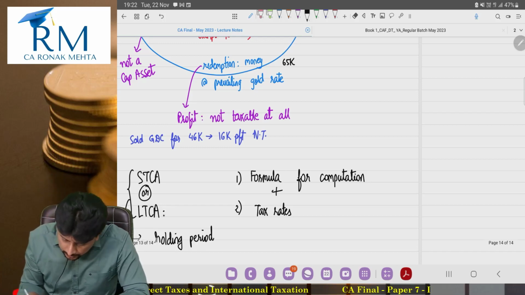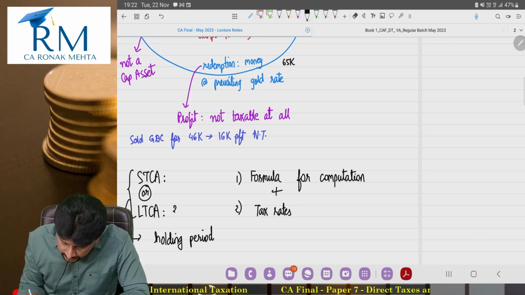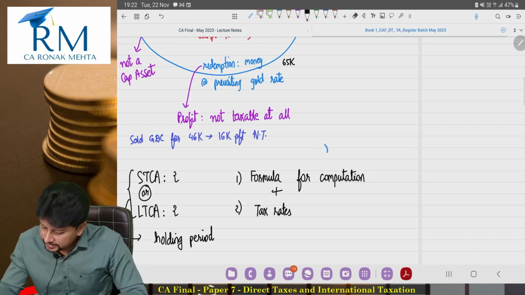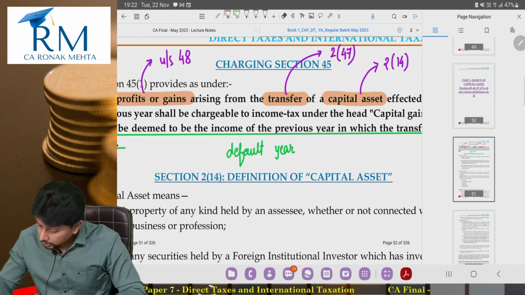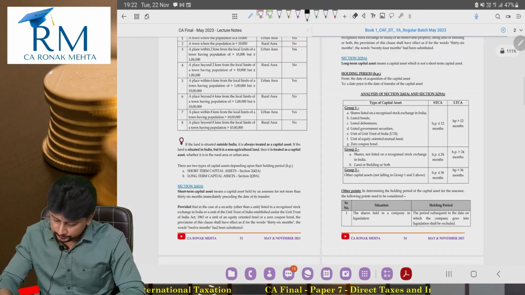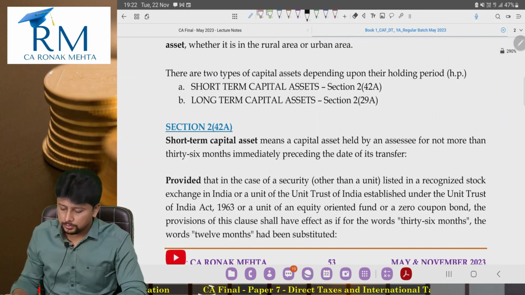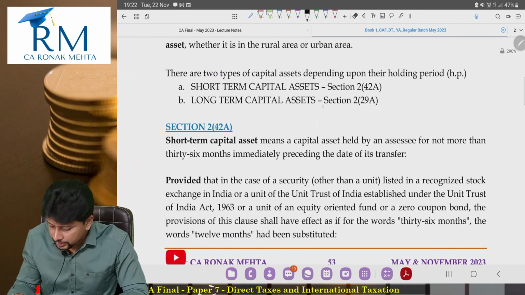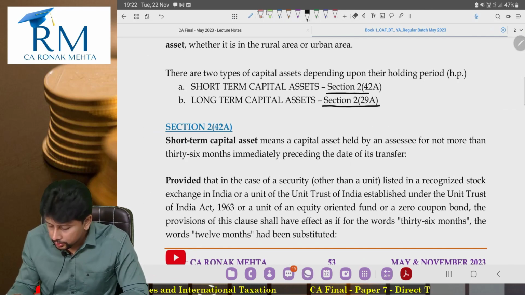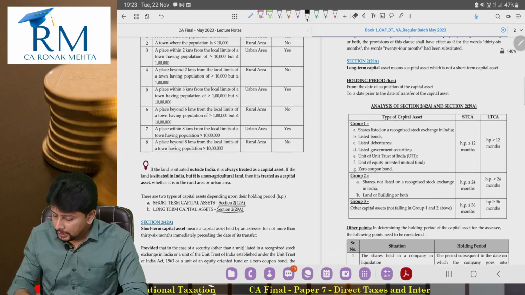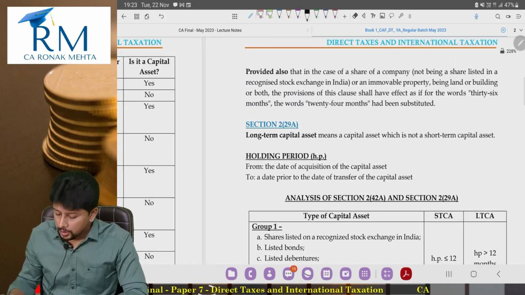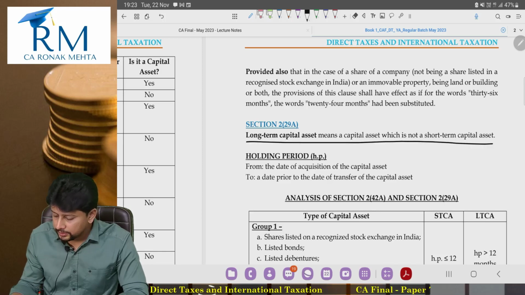So, this has been specifically defined in section 2. Section 2 has defined what is a long-term capital asset, what is a short-term capital asset. See this. Long-term capital asset, section 2, clause number 29A. Short-term capital asset, section 2, clause number 42A. If you read the definition of long-term capital asset, long-term capital asset means a capital asset which is not a short-term asset.